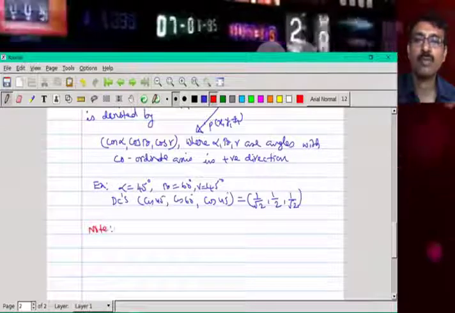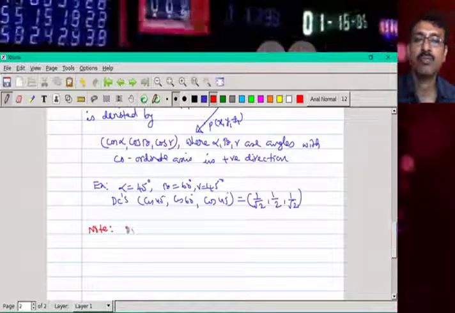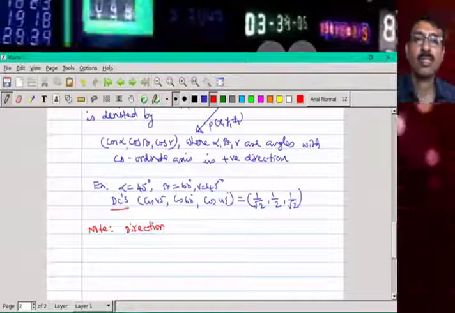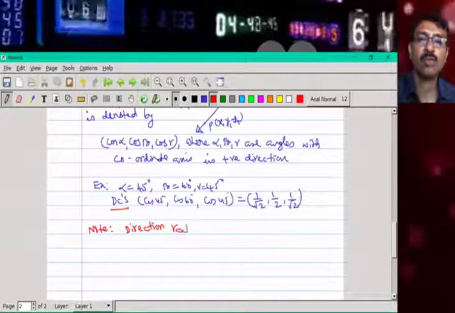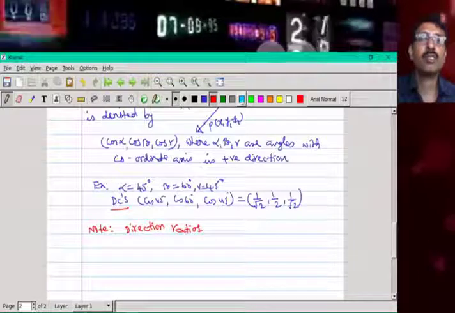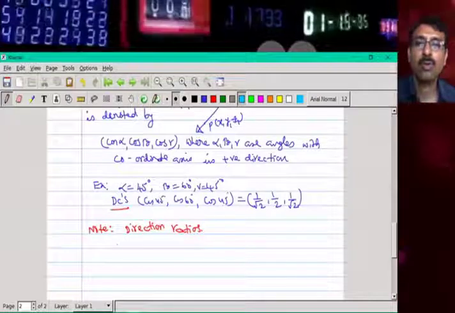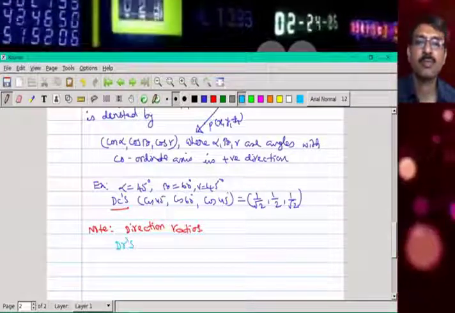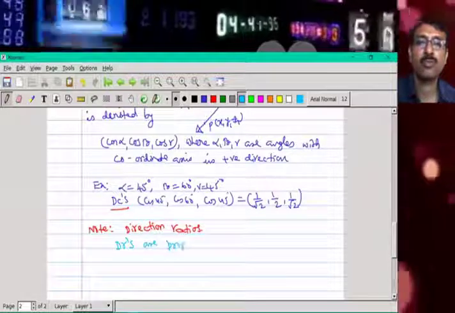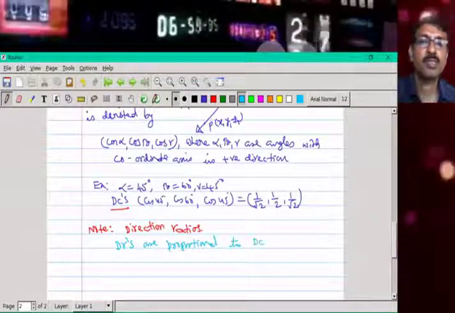One similar note is there, that is direction ratios. We have discussed direction cosines, here direction ratios. Direction ratios, denoted by DRs, are proportional to the DCs.